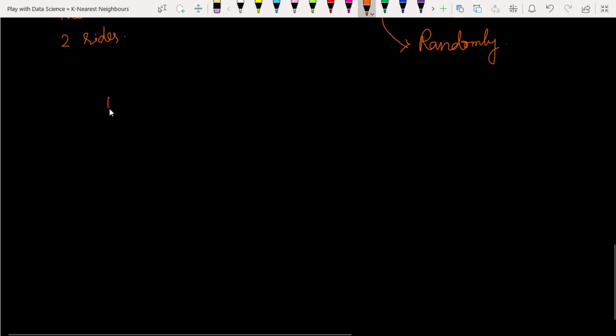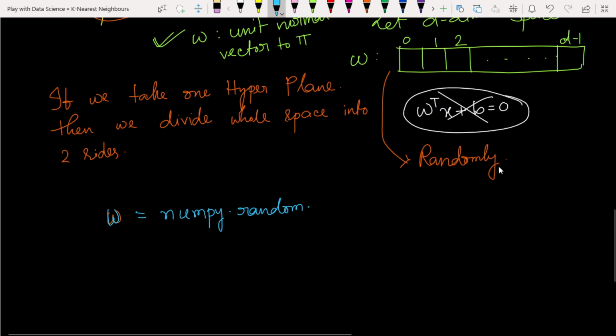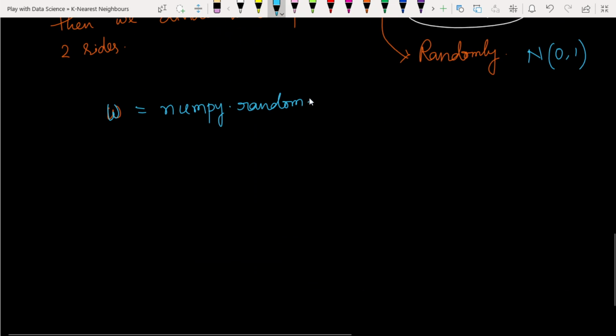Suppose we are interested in finding the w vector. So w will be simple: we have to write w equals NumPy random, and for the distribution we have taken the normal distribution, with mean 0 and standard deviation 1.